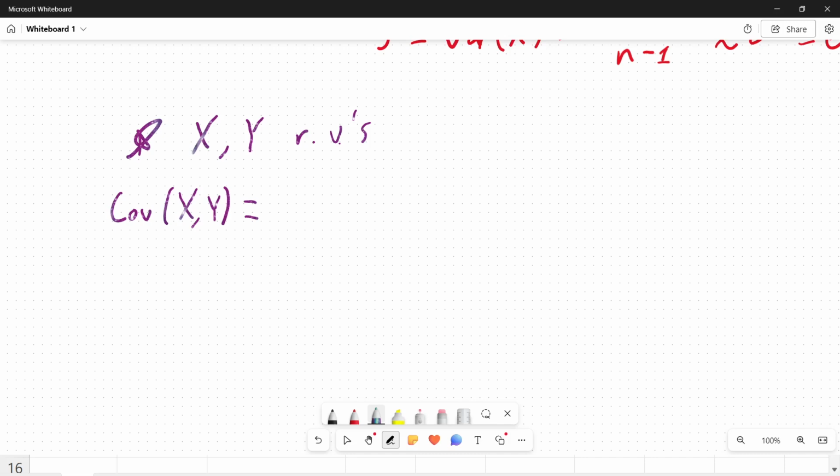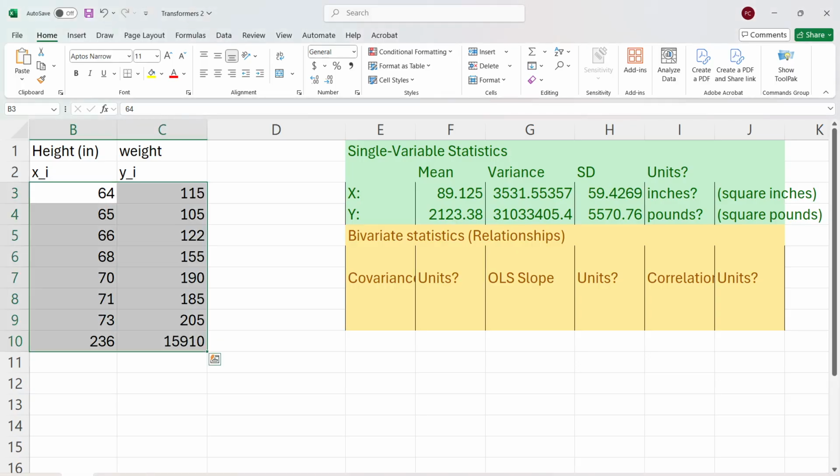What is it? Covariance in a sample is going to be the sum of all the xi minus x bar, so far so good, times yi minus y bar. Fair enough, I've got x's and I've got y's. Here are my x's, x1, x2, x3, x4. Here are my y's, y1, y2, y3, y4.